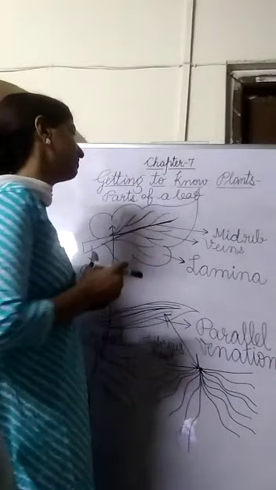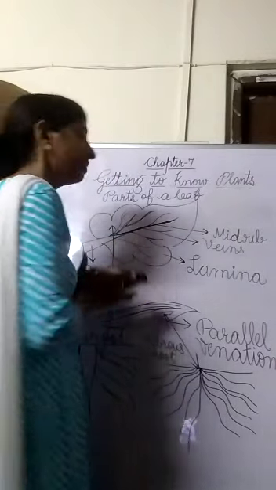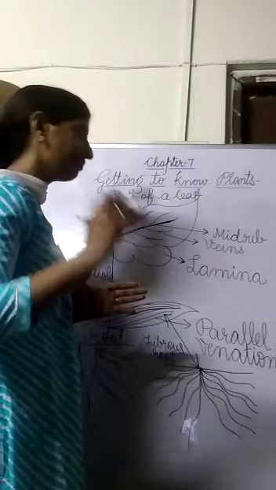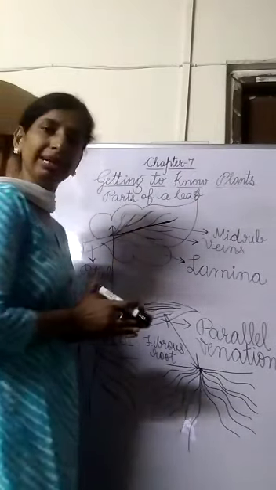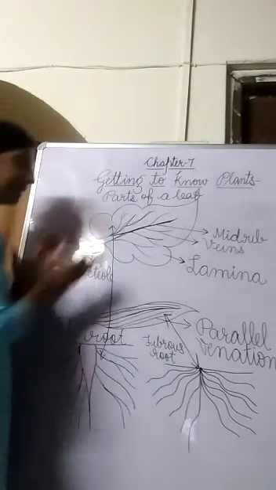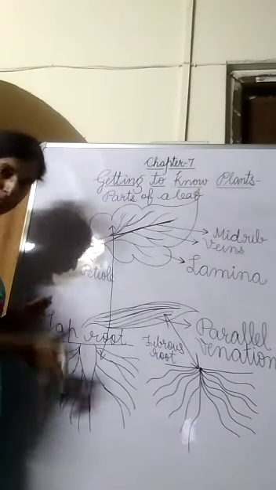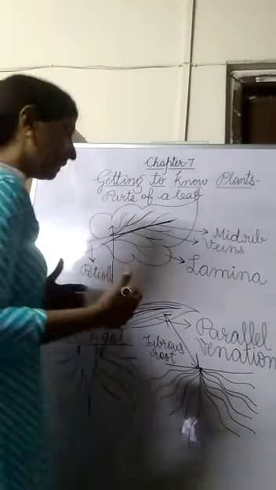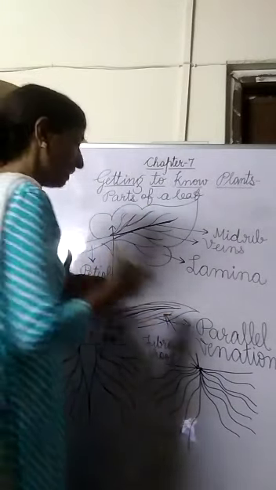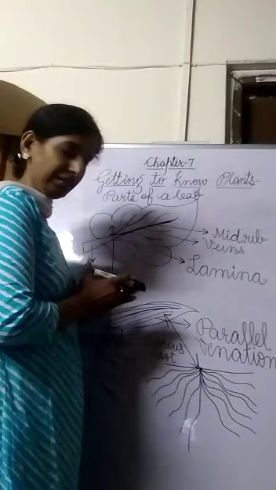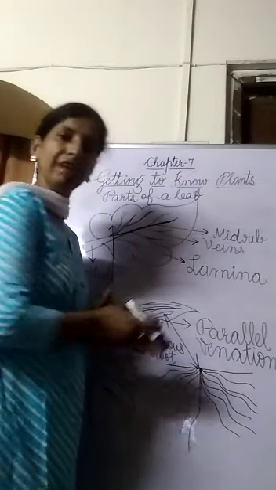So I am telling you an example of a plant having reticulate venation. I have told you that in rose, China rose, the leaves have reticulate venation. So what type of root do they have? They have taproot. On the other hand, plants like grass, wheat, maize, barley have parallel venation in their leaf and their root is fibrous.